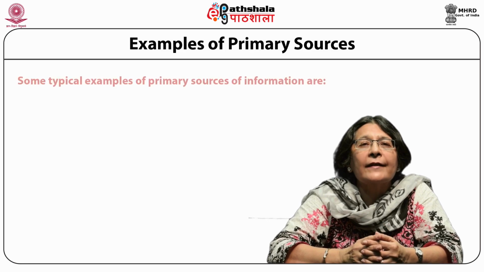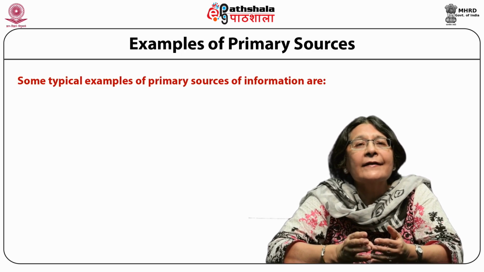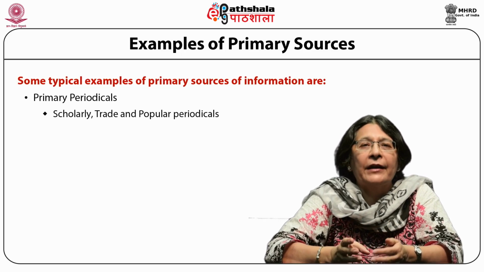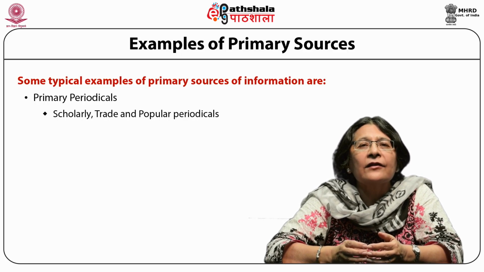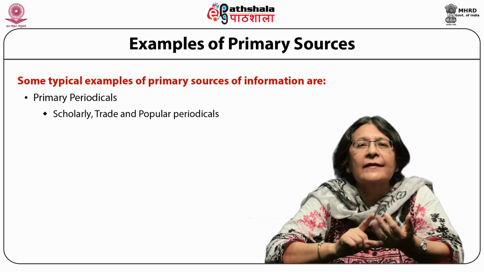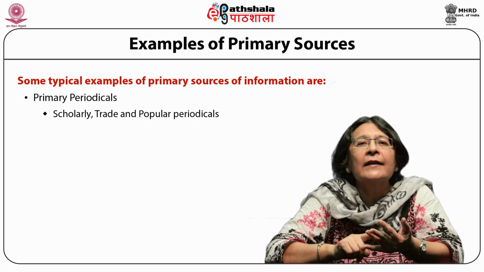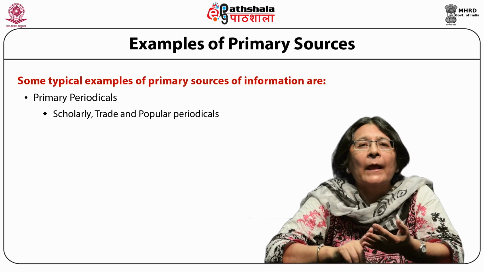Let's now take a look at some examples of primary sources of information. The first example is a periodical publication. A periodical is a publication with a distinctive title which appears at stated or regular intervals without prior decision as to when the last issue shall appear. It contains articles, editorials, features, columns, stories, and other writings by several contributors.